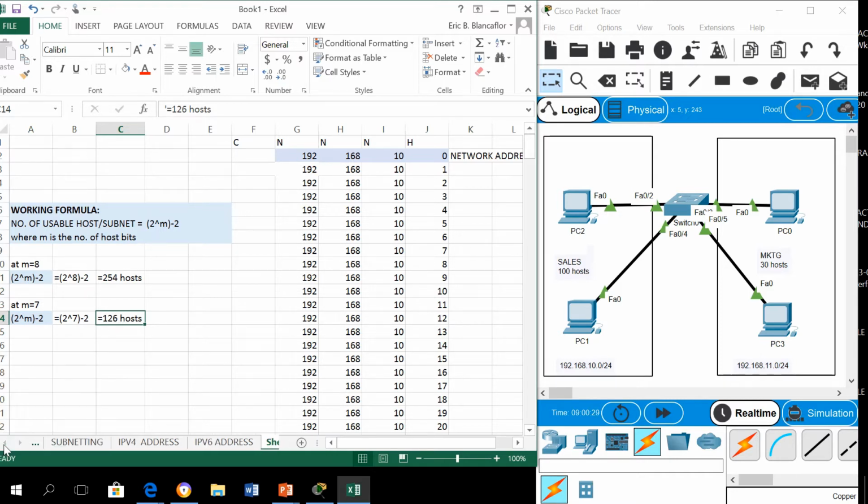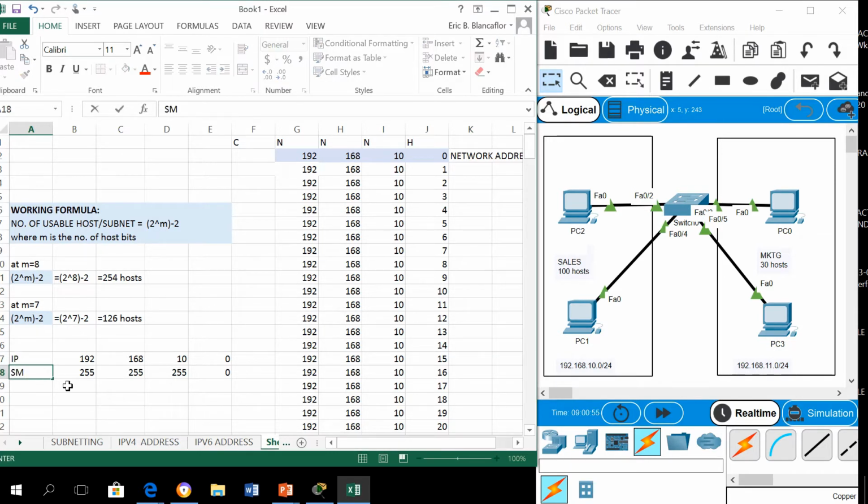In the subnetting, let's look at my example from this perspective. Let's say I have 192.168.10.0, and take note that its subnet mask is 255.255.255.0. Again, this is the IP, and below is my subnet mask.